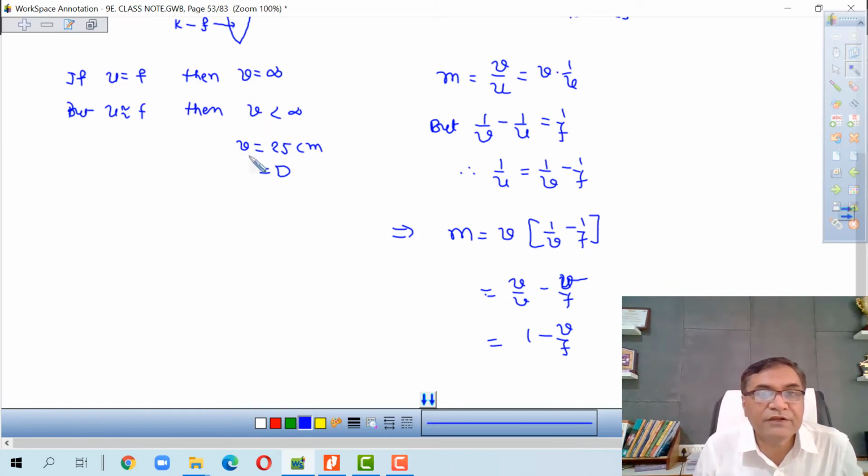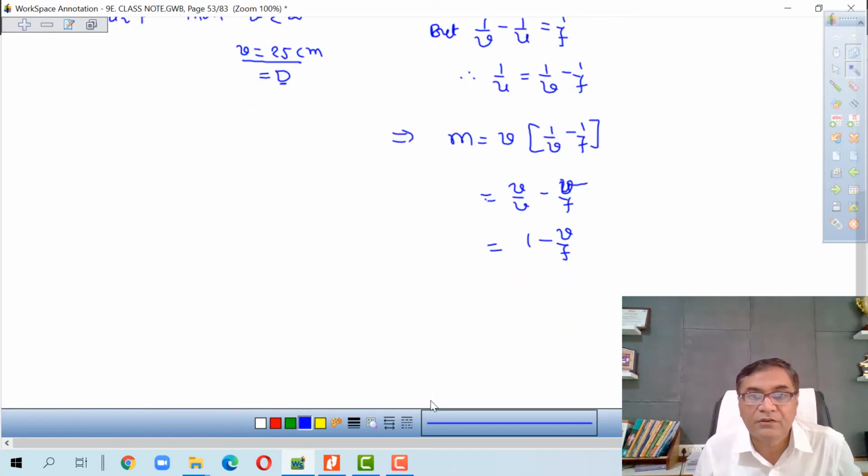So V is 25 cm, D distance rakho, and it is also toward the object. Here V is equal to minus D. And minus D રાખવું પડશે કેમ? Image is virtual. So we get M is equal to 1 plus D upon F.